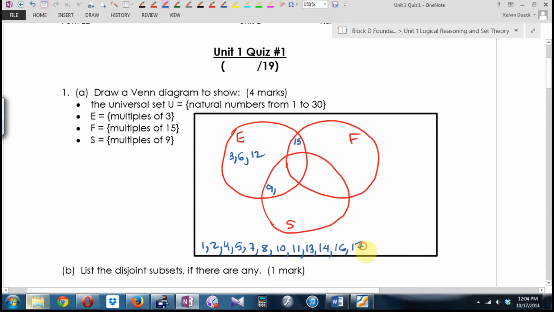16, 17, 18. I think 18 is going to go right there.